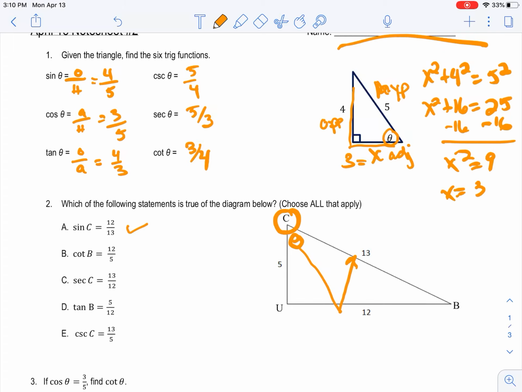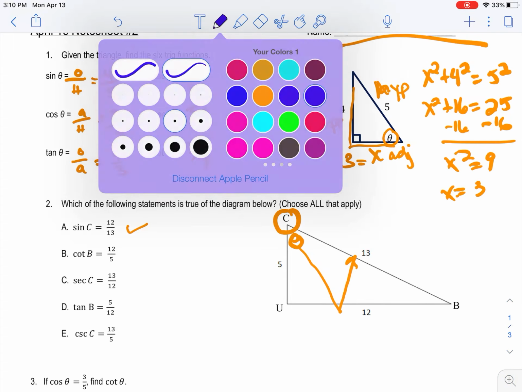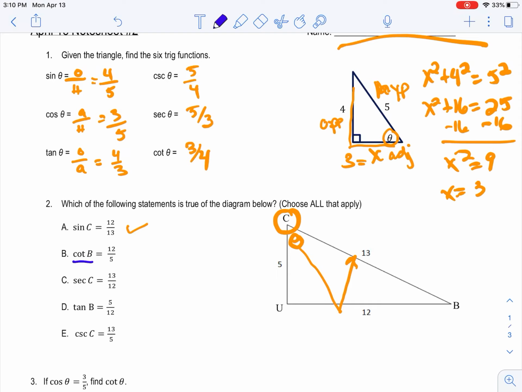If I did cotangent of B, cotangent is adjacent over opposite, and I need to be on B. So if I did adjacent over opposite, that would be 12 over 5. That one works.